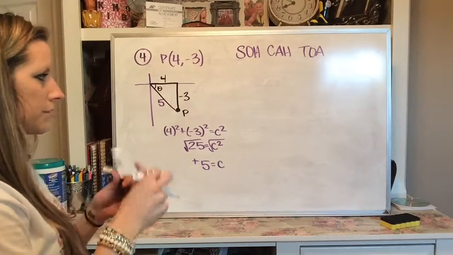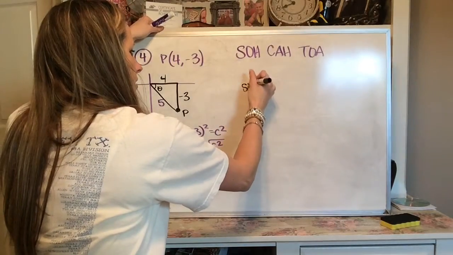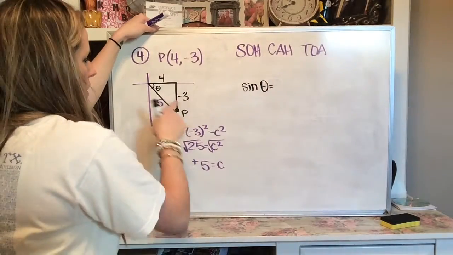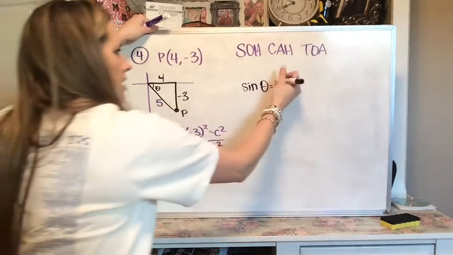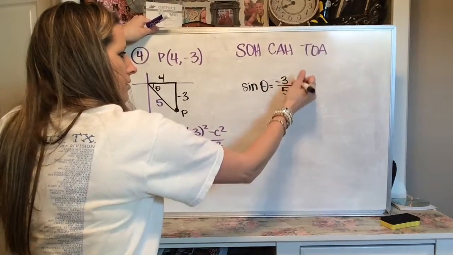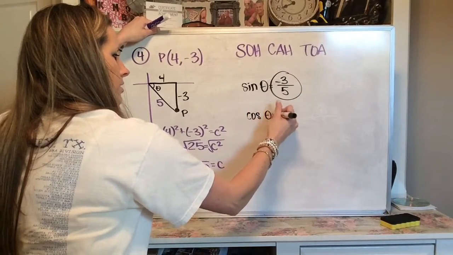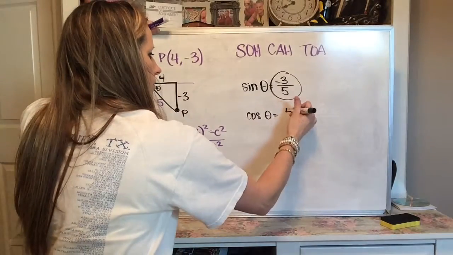All right, now we're going to find our trig functions. So sine is going to be the opposite over hypotenuse. So my side opposite of this angle would be -3, and my hypotenuse is 5. Cosine is going to be adjacent over hypotenuse, so 4 over 5.